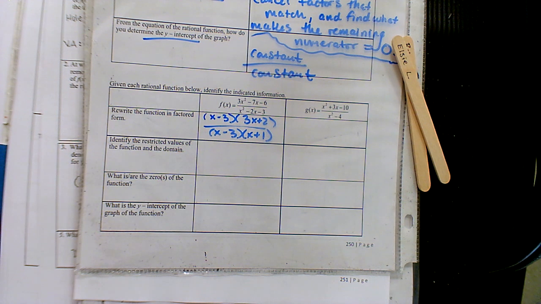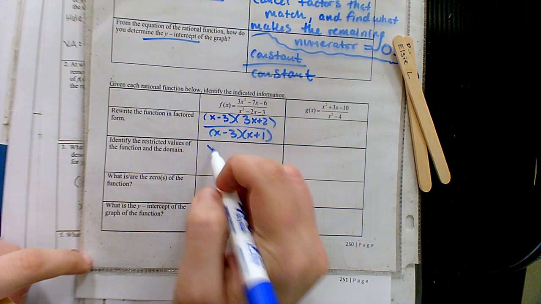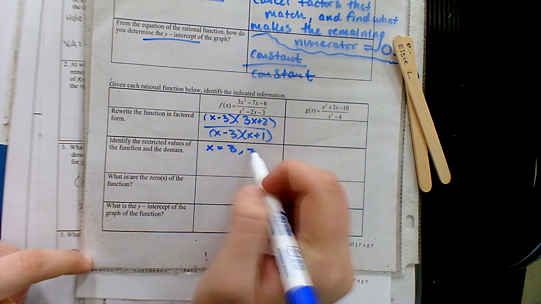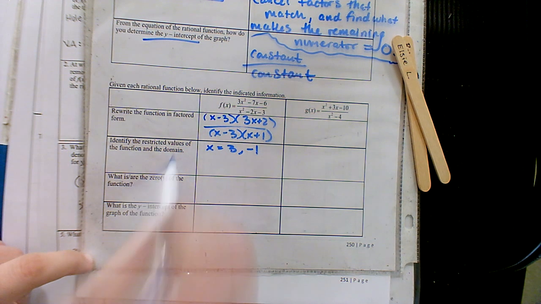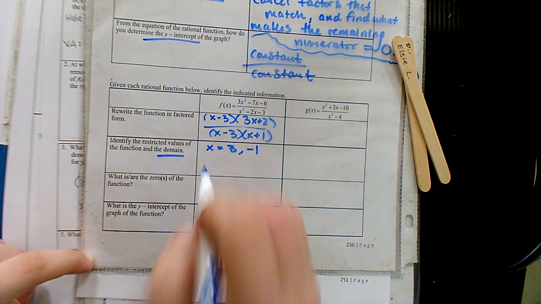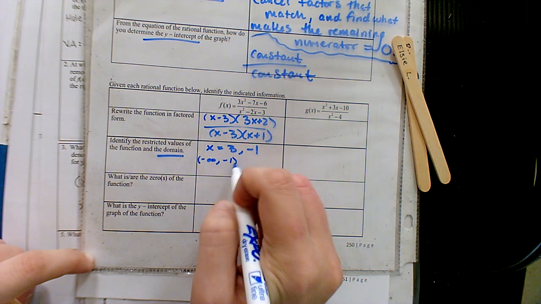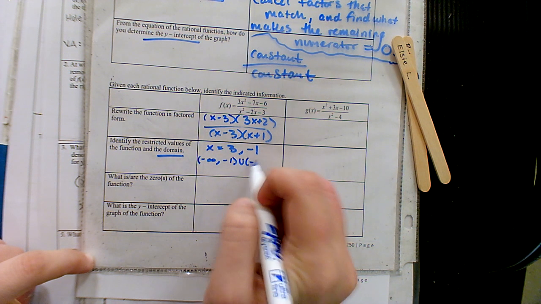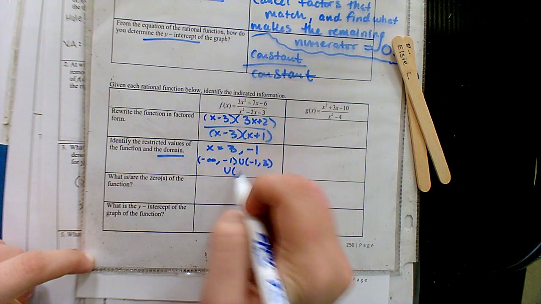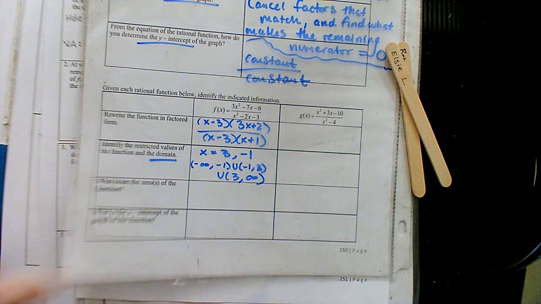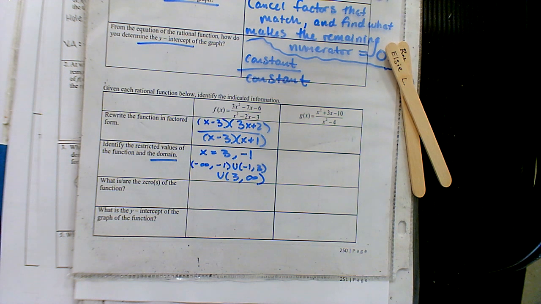Elsie, can you find our restricted values in domain? 3 and -1. Okay, and then how did you write your domain? Love it. 2 for 2?